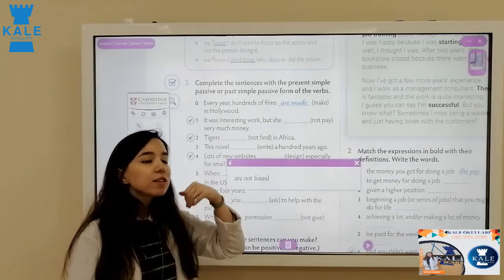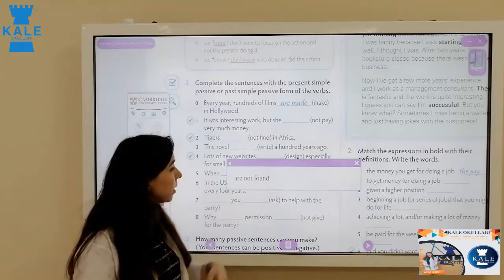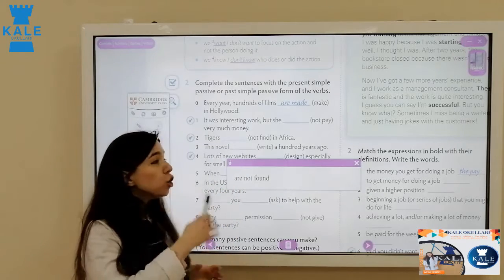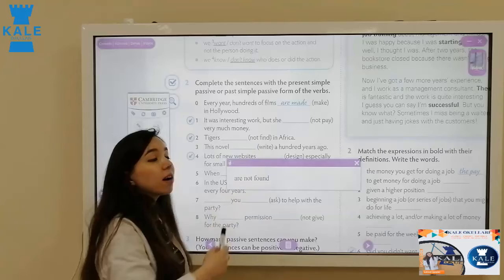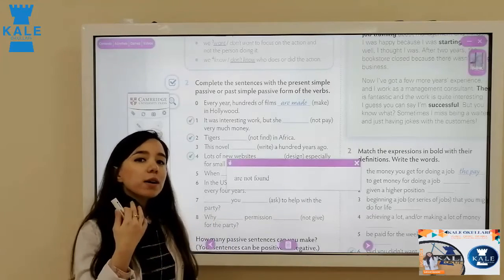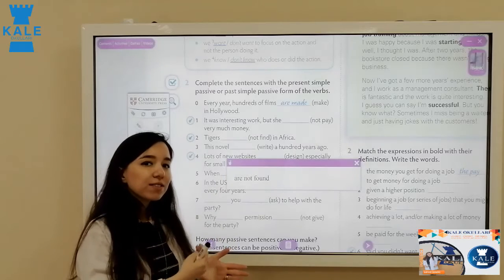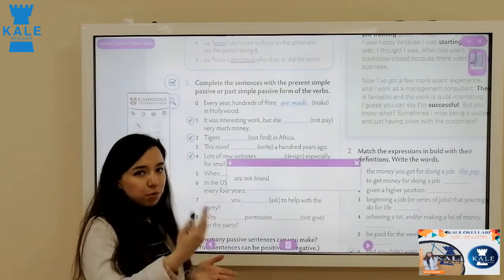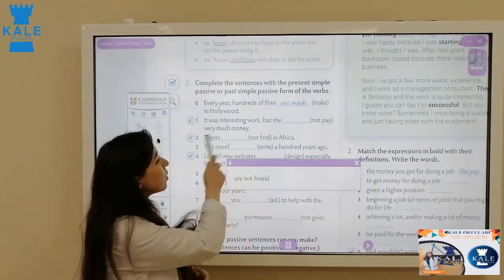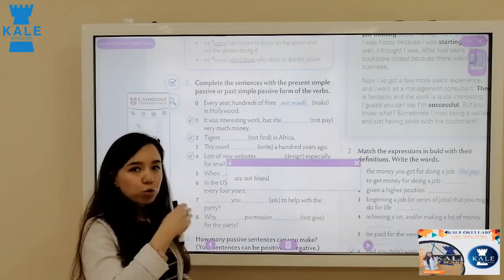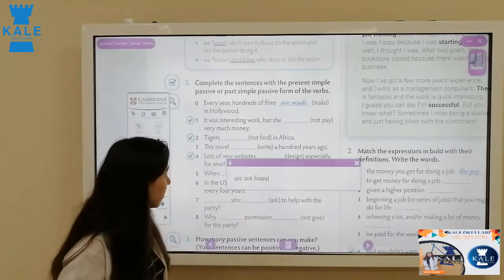So the active sentence should be: the local people don't find tigers in Africa. Yes, this is our active sentence. Because our active sentence is don't find, present simple, when we want to change it to passive, it changes to are not found. Am, is, are, to be verb plus past participle.